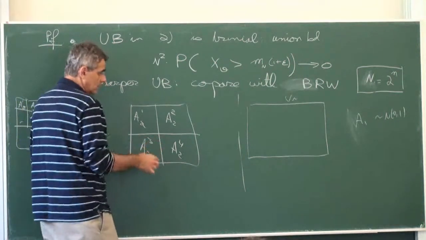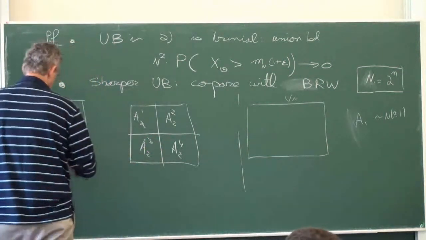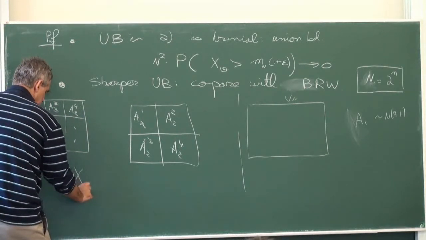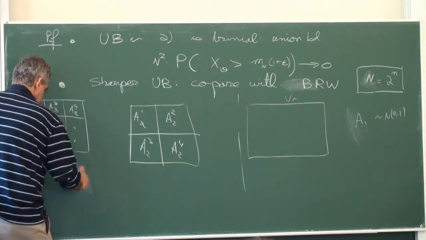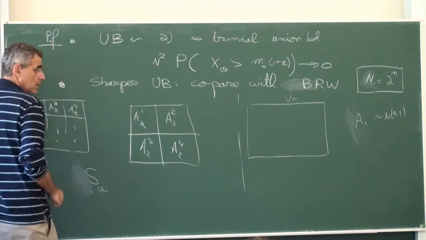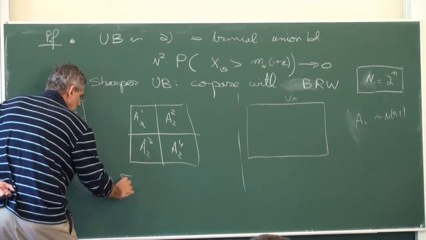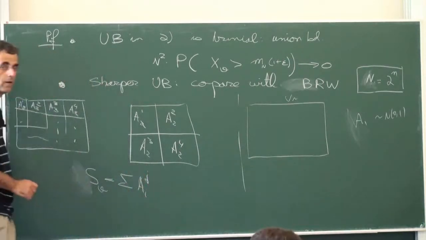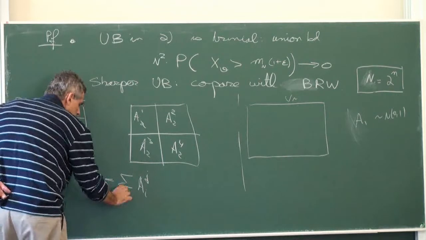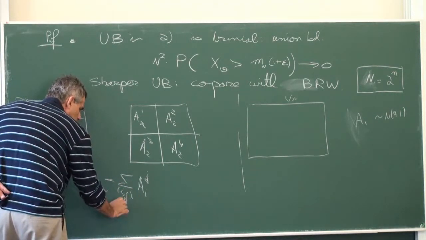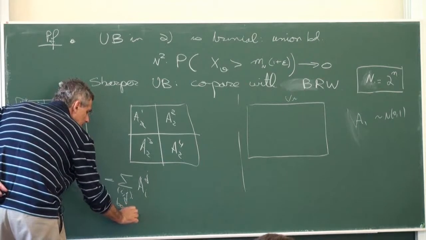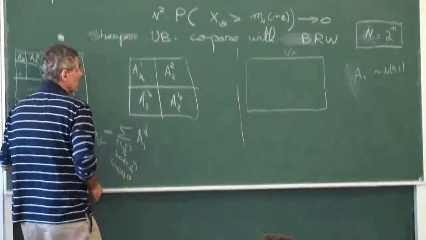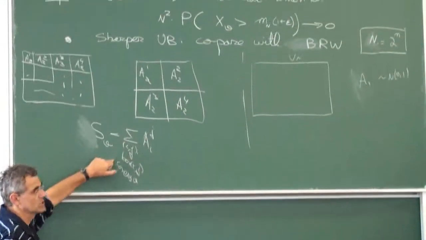Now, for any vertex V in the original box, we are going to define a field, let's call it SV. This is going to be the sum of Aij over all i and j such that the box covers V. Okay, I'm sorry if it's not clear what I wrote here.